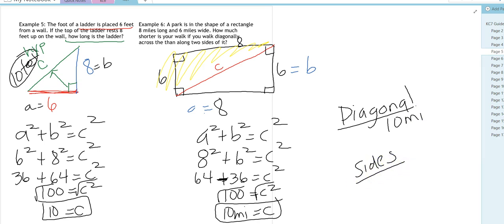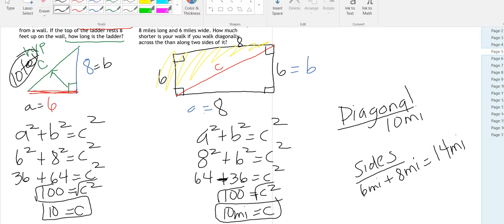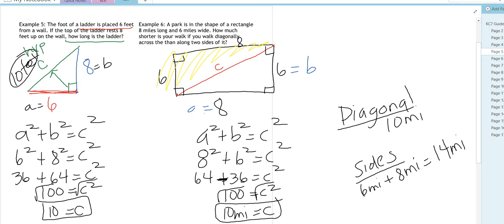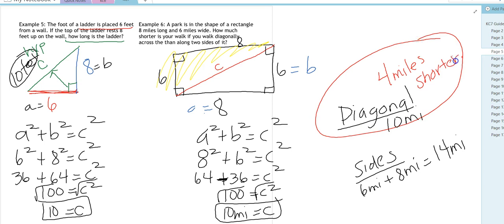If we have to walk both sides, we have to walk 6 miles. And then we have to walk 8 miles, which is 14 miles. So how much shorter? Well, subtract 14 and 10. Therefore, the diagonal is 4 miles shorter. So I would walk on the diagonal, and that would be my answer.